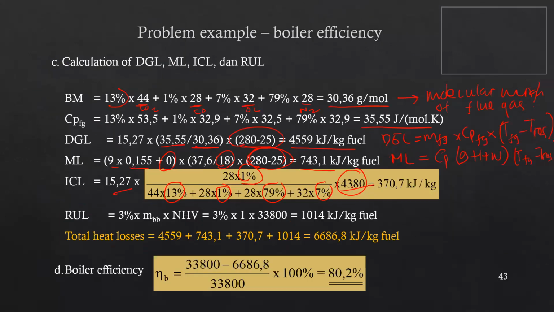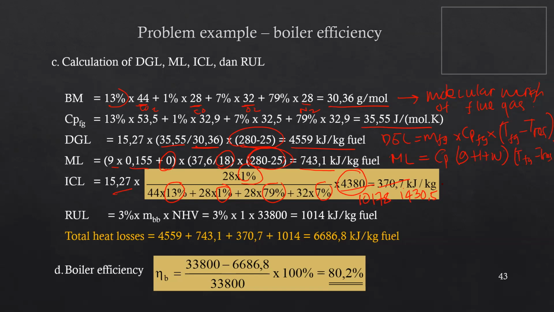Okay, let me check it first. For the value in kilojoule per kilogram, it must be 10,178. Sorry, there is a mistake here. So the ICL losses should be 1,430.5.